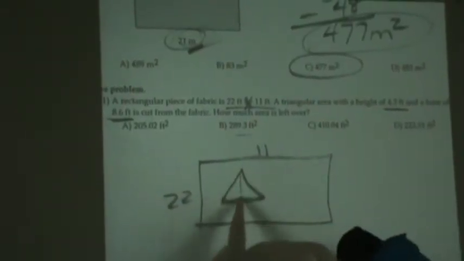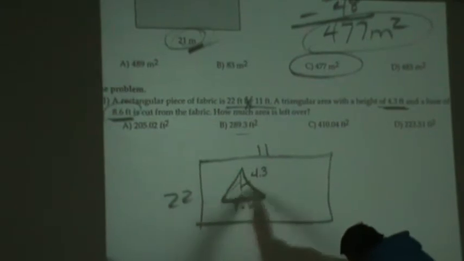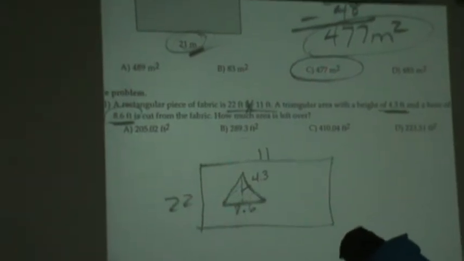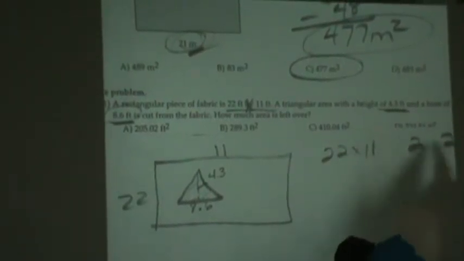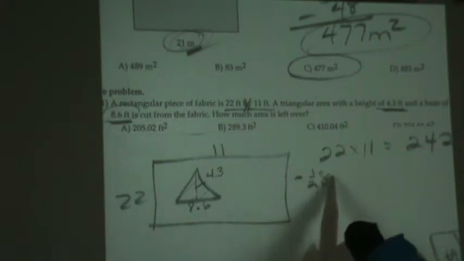We're going to cut a triangle out of this. The height of the triangle is 4.3, and the base is 8.6. Okay, so we're going to be subtracting this, right? Cutting it out. So we have rectangle 22 times 11, which is 242, right? And we're going to subtract 1/2 base times height.